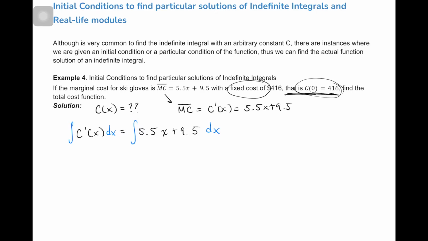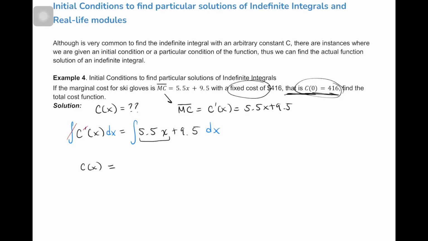By doing this, the antiderivative and the derivative cancel each other out, and you're left with C of x. So C of x is the antiderivative of 5.5x plus 9.5. Let's take the antiderivative of each term.